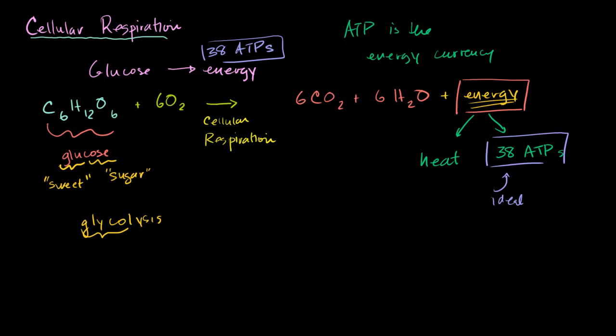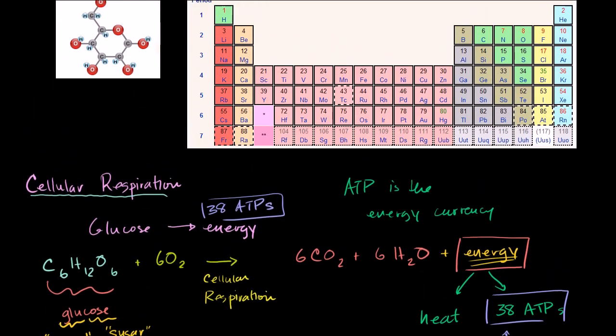But the first step of cellular respiration is glycolysis, the breaking up of glucose. It takes a 6-carbon molecule, let me draw it like this, and it's actually a cycle. Let me show you what glucose actually looks like.